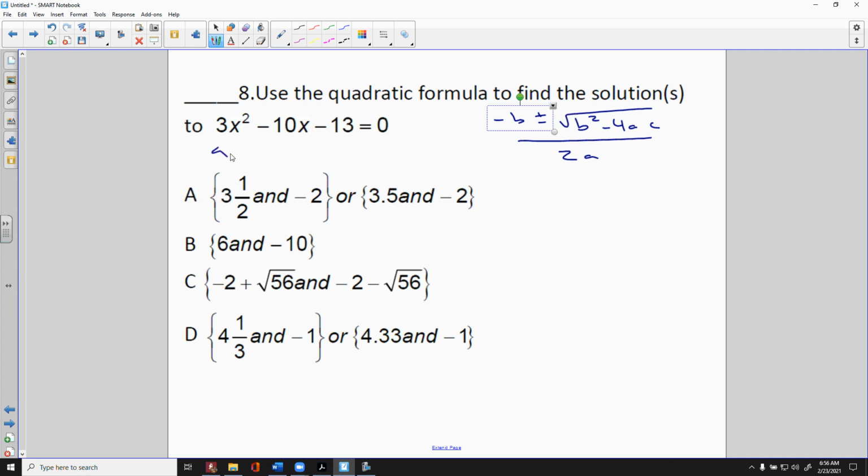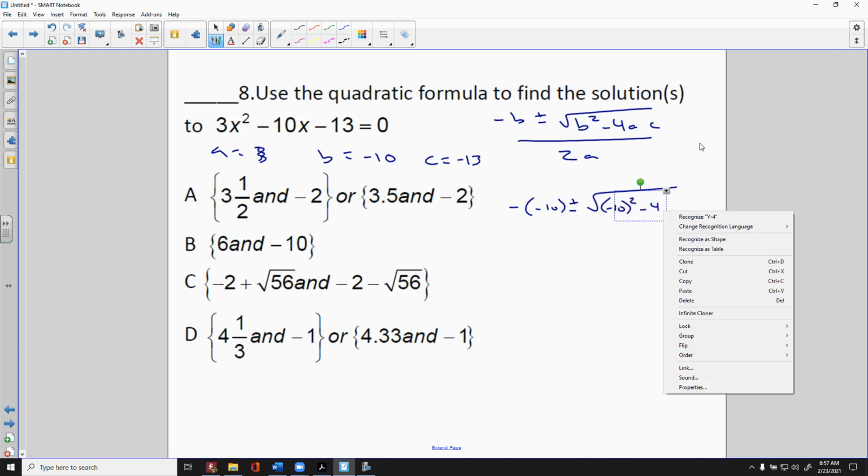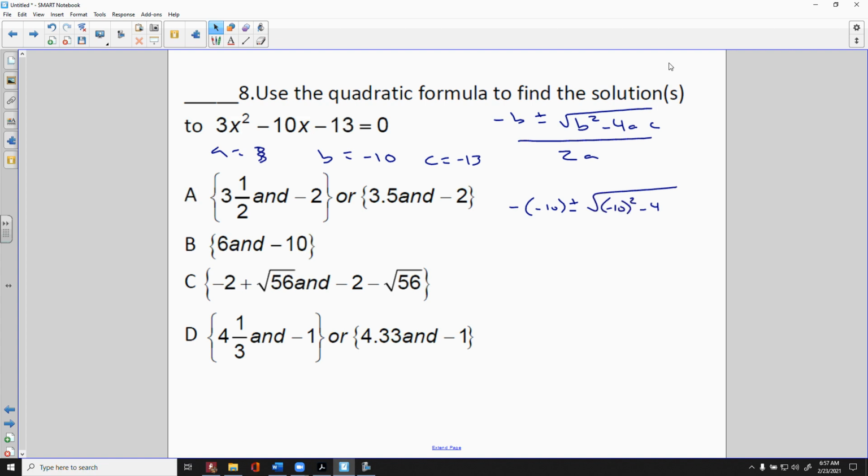And so if a is 3, b is -10, c is -13, we'll plug those numbers in. -10 plus or minus the square root of -10 squared minus 4 times 3. And c is -13 all over 2 times 3.